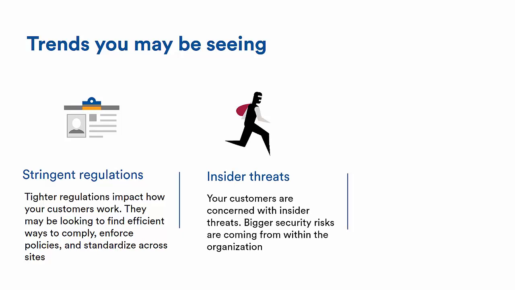Another trend we're hearing more about is the rise of insider threats. Bigger security risks are coming from within the organization. In the 2016 Cybersecurity Intelligence Index, IBM found that 60% of all attacks were carried out by insiders. Of these attacks, 3/4 involved malicious intent, and 1/4 involved inadvertent actors, so not really knowing that they were causing harm.